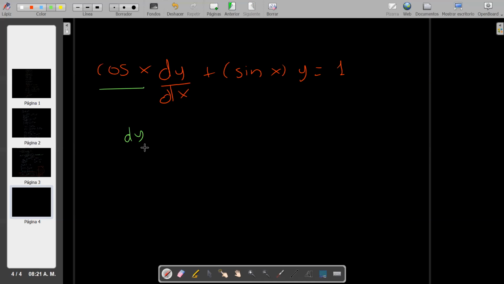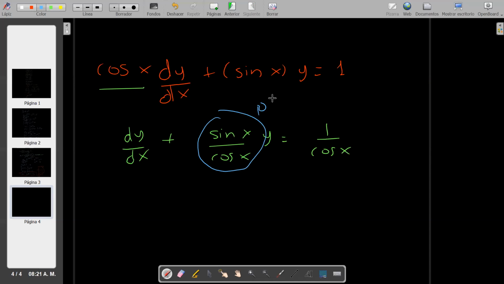But once again, we know how to transform that coefficient into 1, just dividing all of the equation by cosine of x. Okay, so our P of t is now clearly identified.